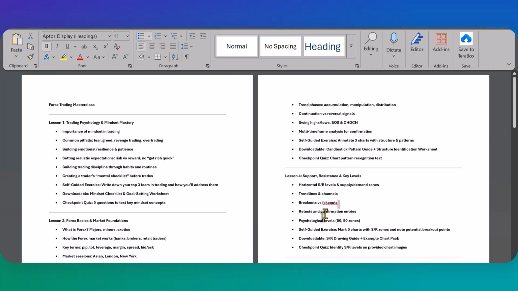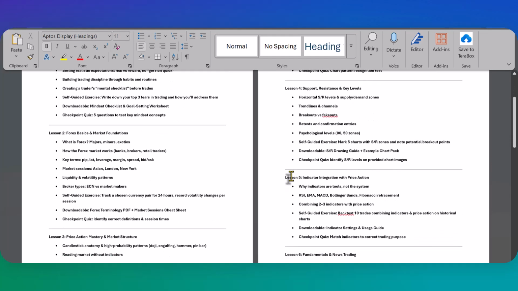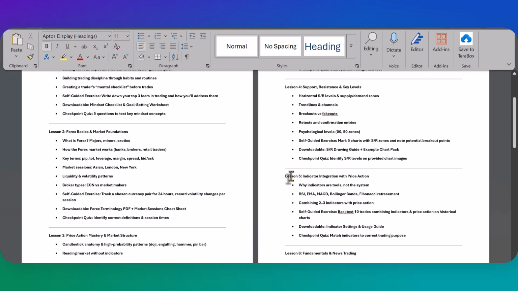I might release a bonus module on fair value gaps, order blocks, liquidity concepts, and more on supply and demand and smart money concepts, where we have order block and breaker block. But like I said in the beginning, other people might call it different terms, but everything rounds up to support and resistance.